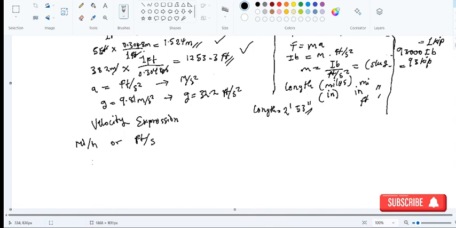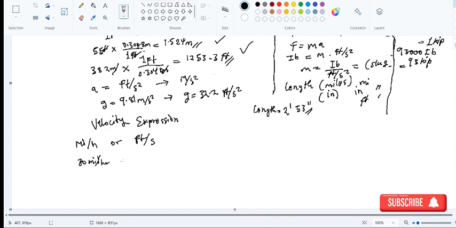So for example, we have 30 mile per hour. What we want to do now is convert this to feet per second.